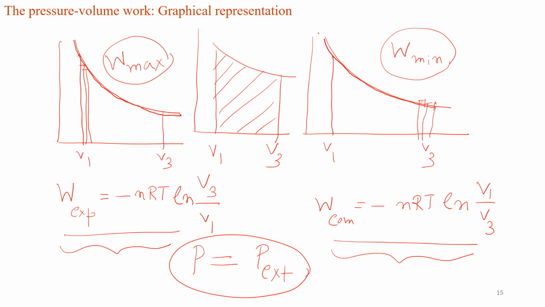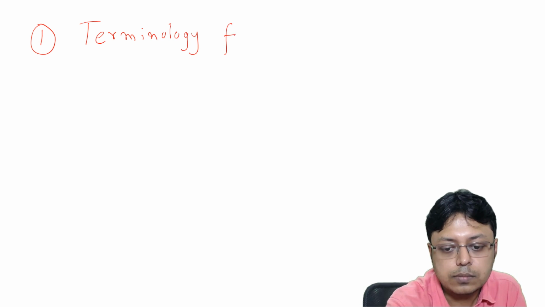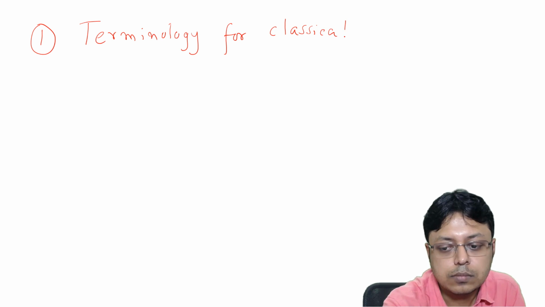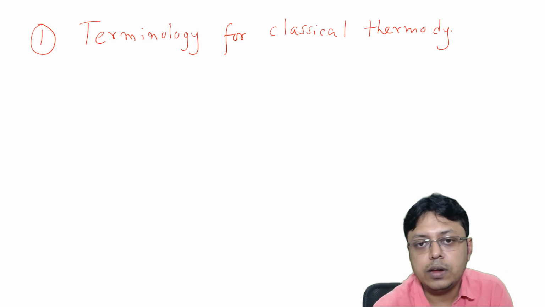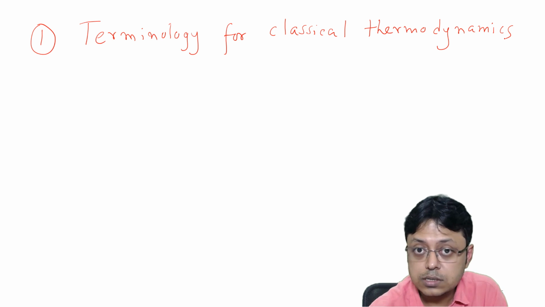So to summarize what we discussed today, we first discussed the terminology for classical thermodynamics, where we defined many terms such as system, surrounding, what are open, isolated and closed system.